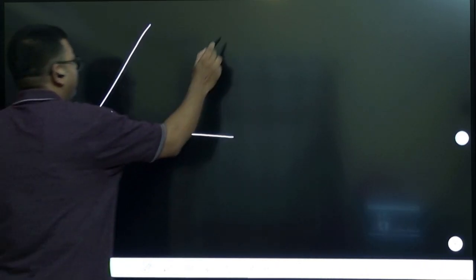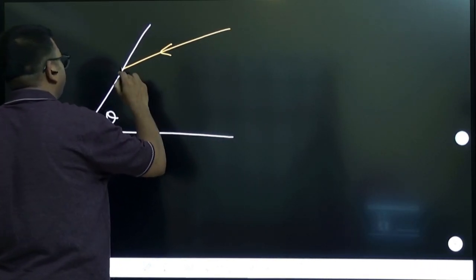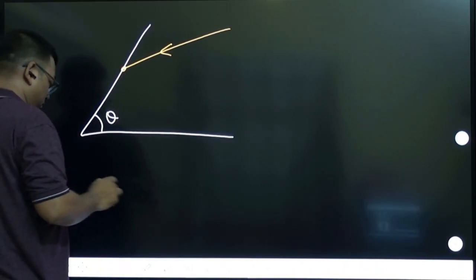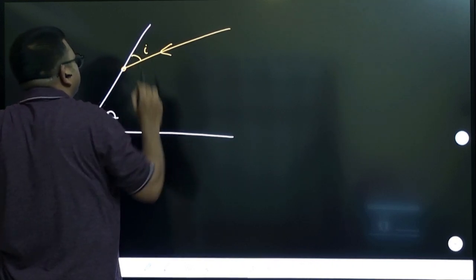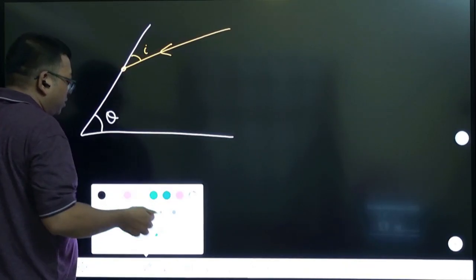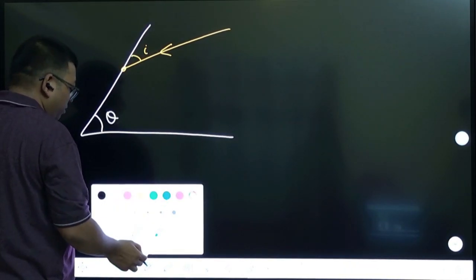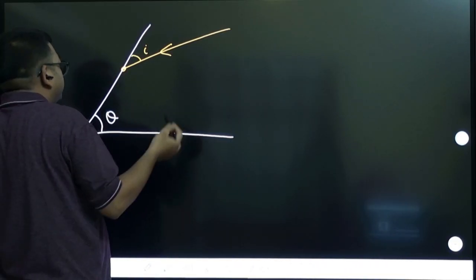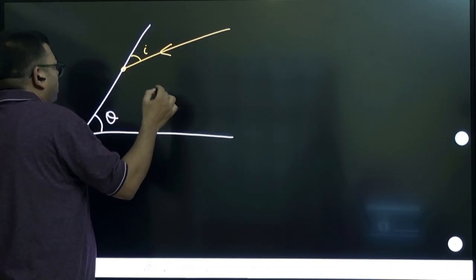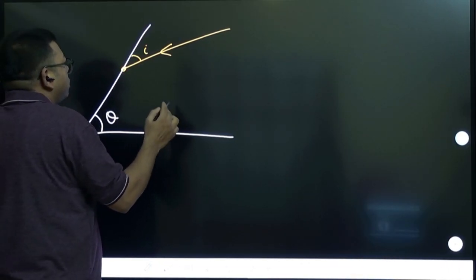A ray of light is coming like this, and the question is, what should be this angle theta, so that after some number of reflections, maybe one, two, whatever, let us say two reflections, this ray must become parallel to the same mirror.